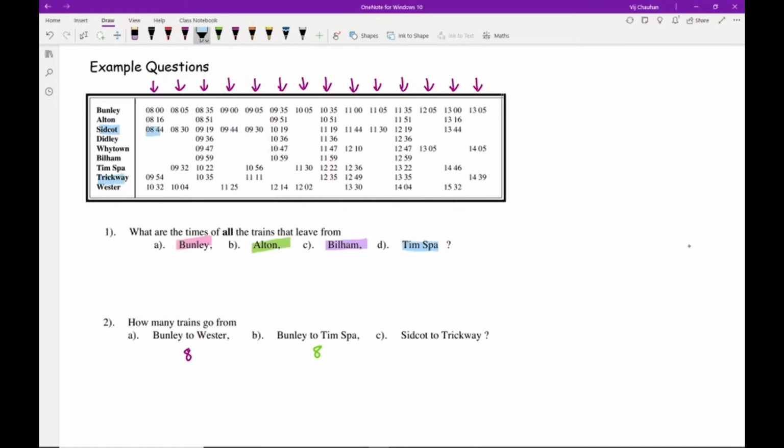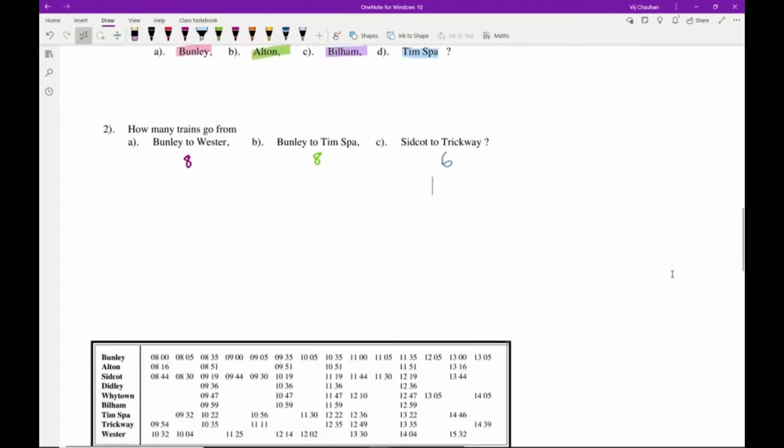So the first train does, second train doesn't, the 3rd one does, 4th one no, this one does, no, that one does, this one does, that one does, and that's it. So here we've got 6 trains that go from Sidcup to Trickway, like so. So let's have a look at our next question.